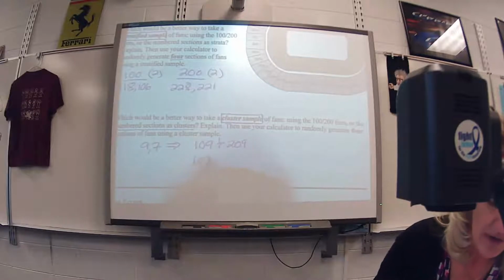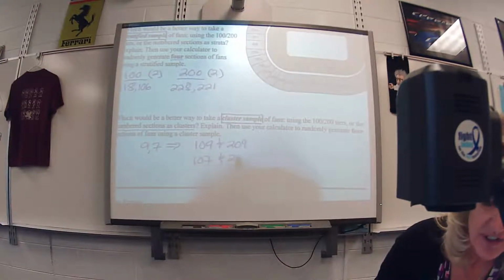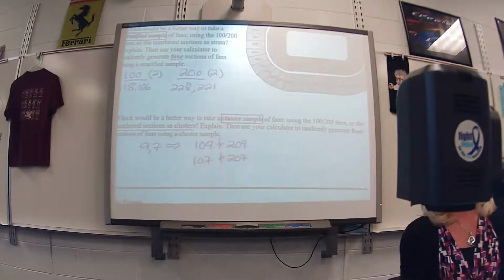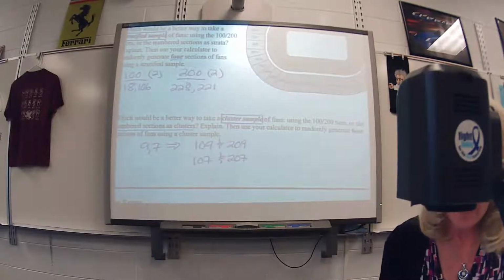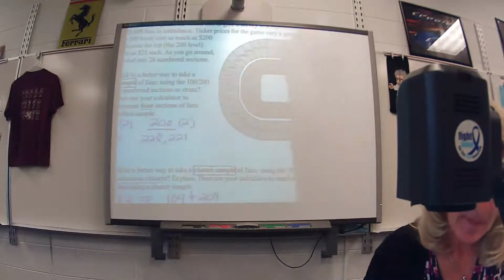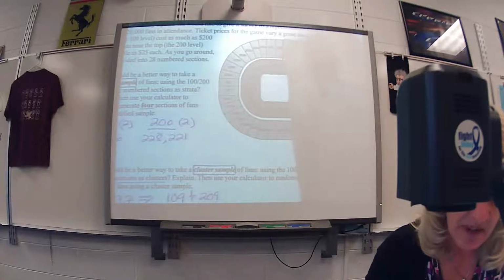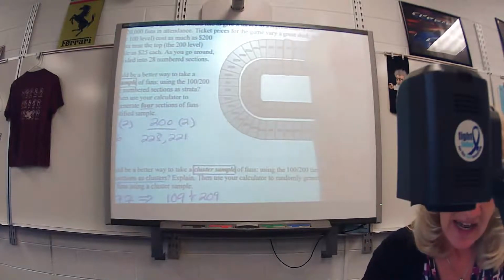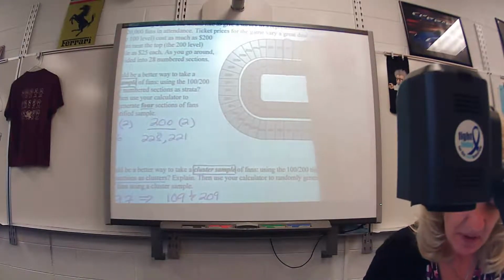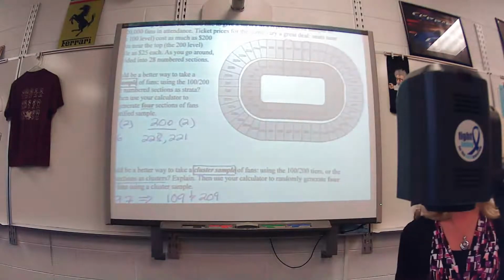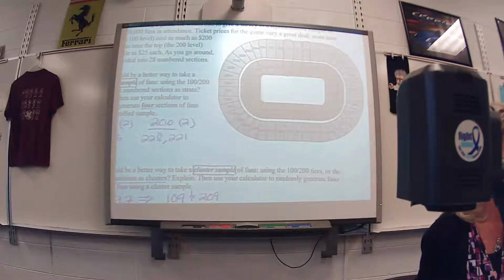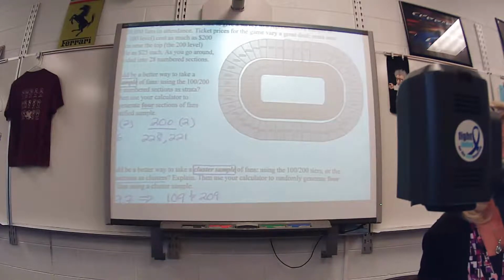And then I'm going to go to 107 and 207, and I'm going to call that a cluster. So now when I come up here, I'm going to ask all of these people, and I'm going to ask all of these people. So I'm still getting 4 sectors, and I still am assured of getting 2 from the top and 2 from the bottom.